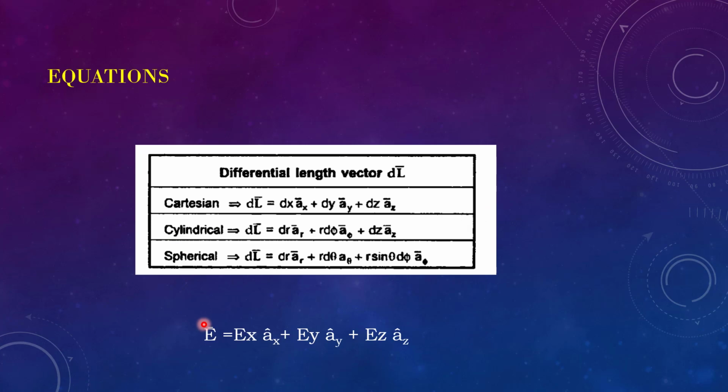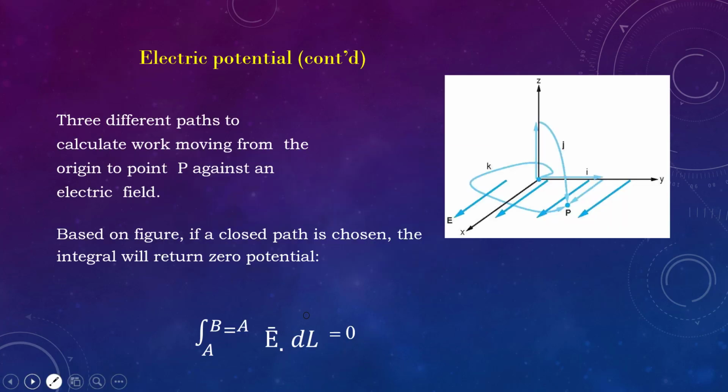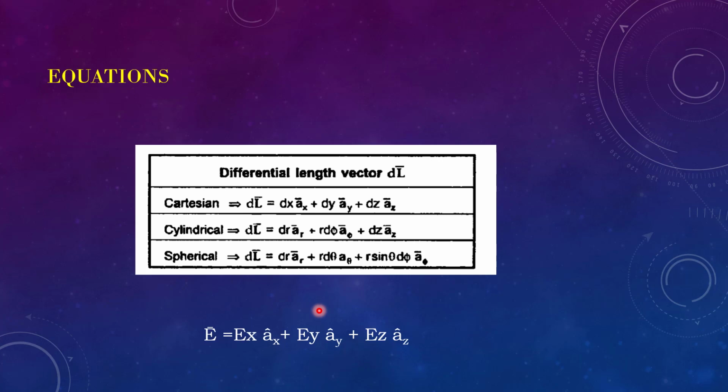Now we have these basic equations. What do we need to solve the example? In an example, the value of E bar is given and the value of dl bar is given, or we have to find the equation of dl bar by considering the particular system. Suppose a Cartesian system is given, then you know that dl bar is dx ax cap plus dy ay cap plus dz az cap.